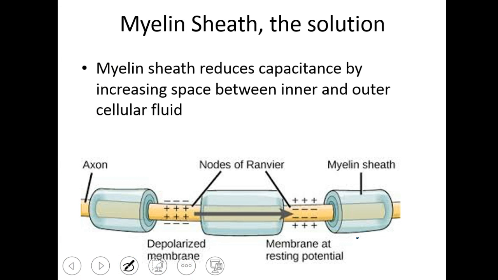And so the body's solution to this is the myelin sheath. The myelin sheath is this big, you can think of it as an insulator or a non-conductor. And what this does is it allows this whole charging and discharging to jump distances. Because this is so big and thick, and it's not a good conductor, that electric potential can't really get built up across it.